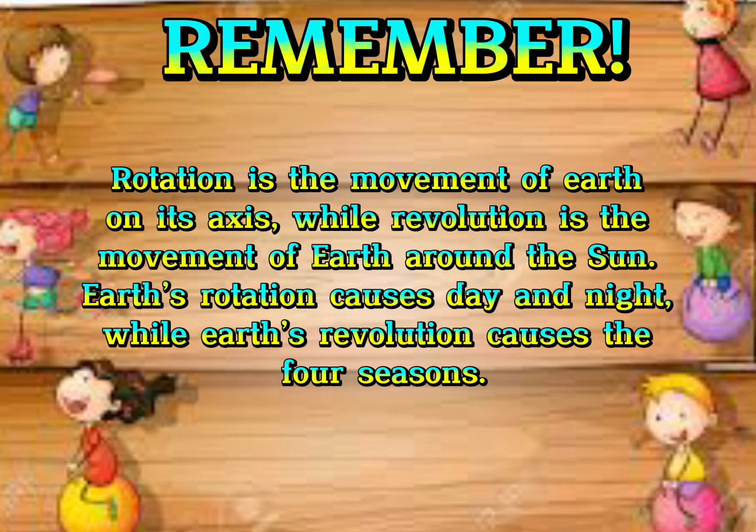Remember that rotation is the movement of Earth on its axis, while revolution is the movement of Earth around the Sun. Earth's rotation causes day and night, while Earth's revolution causes the 4 seasons.